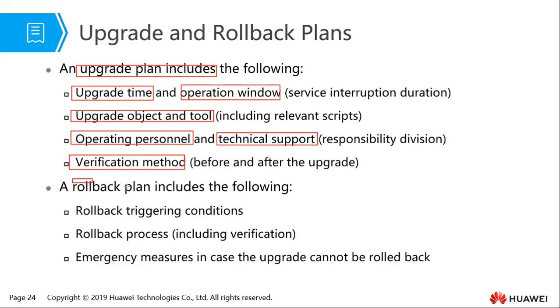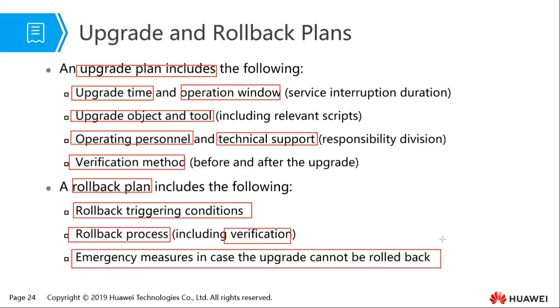Then we also need to have a rollback plan, which includes what might trigger a rollback. Then the process, how do we roll back? And after rollback, again, we need to do verification. Then emergency measures in case the upgrade cannot be rolled back.